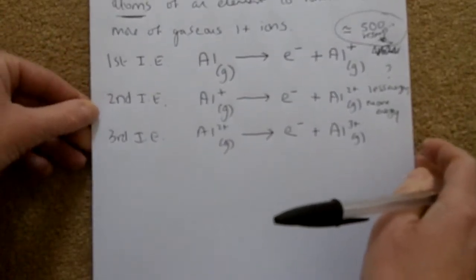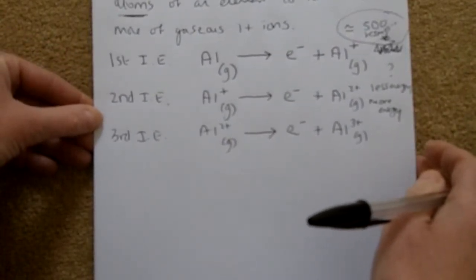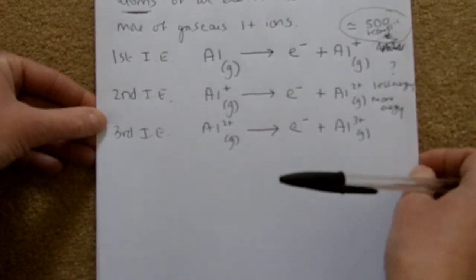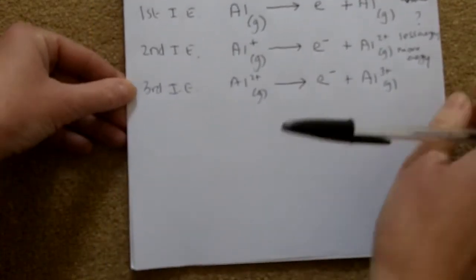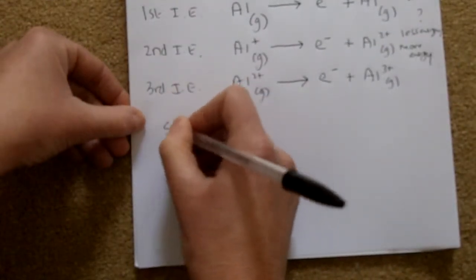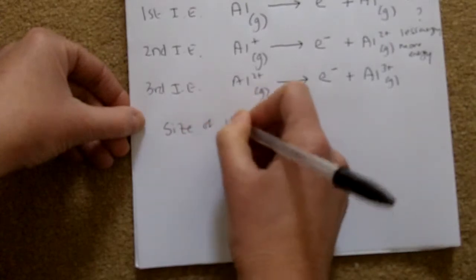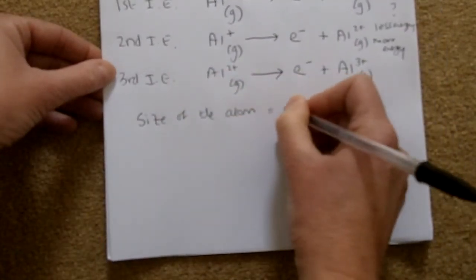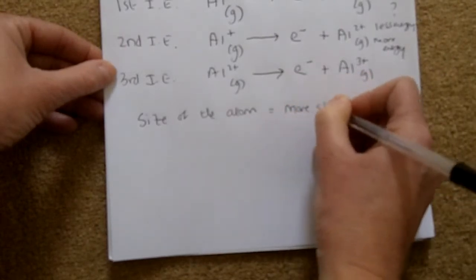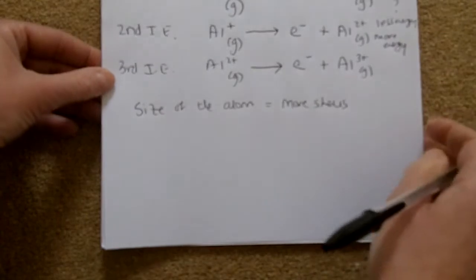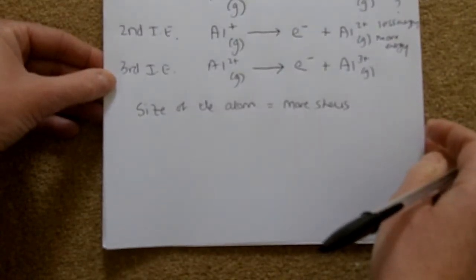Okay, so what affects the ionization energy, the actual value? What affects it is the size of the atom. If there are more shells, if it's a bigger atom, that's going to have an effect on the ionization energy.